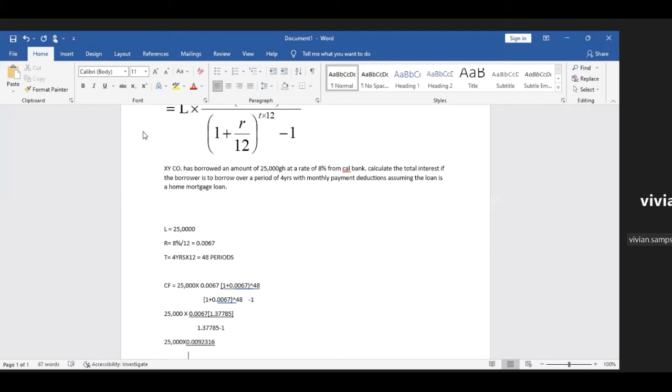So this figure divided by 0.00377885 will give us 25,123 times 2.443198.